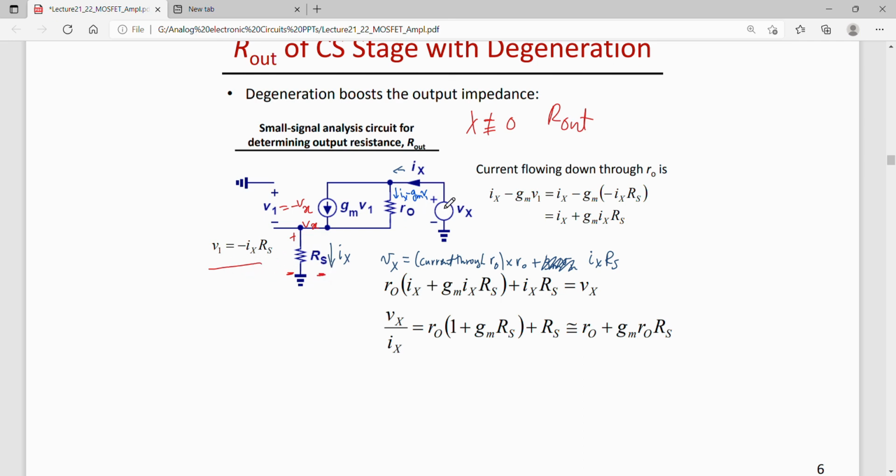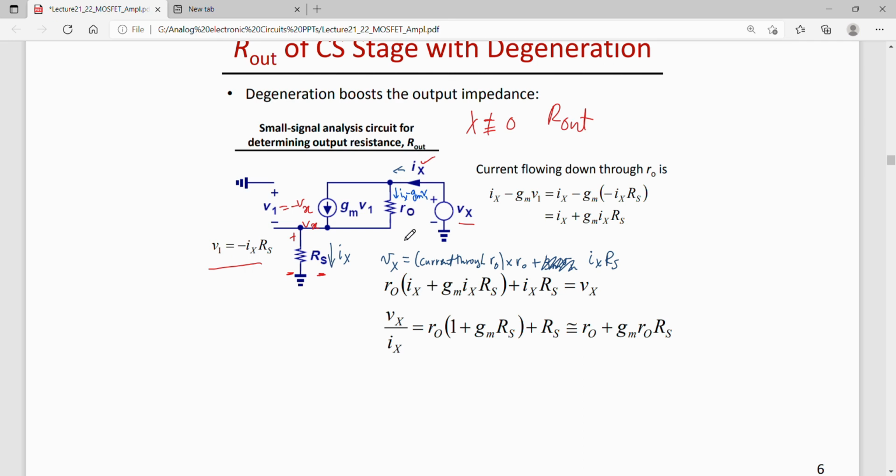Now for finding the output impedance, we had learned that we need to short the gate to ground. The source is already grounded via this Rs, and we connect a small voltage source and measure the change in current Ix.